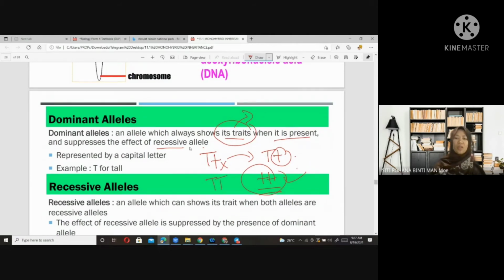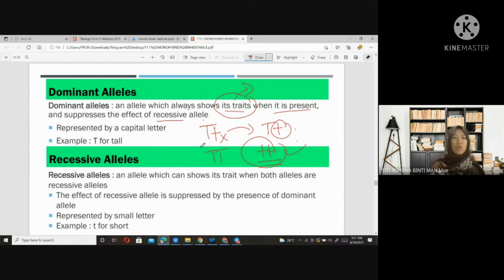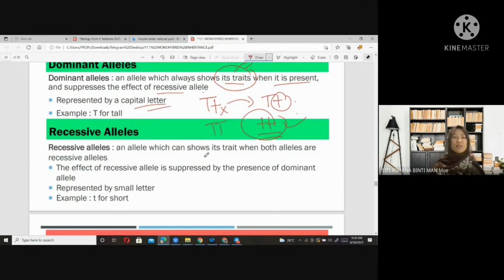Okay. So example T for tall. Okay, represented by capital letter. Make sure ingat ni, capital letter for dominant alleles. Okay, next recessive alleles, allele which can show its trait when both alleles are recessive alleles. So recessive alleles only can be expressed when both alleles are present.